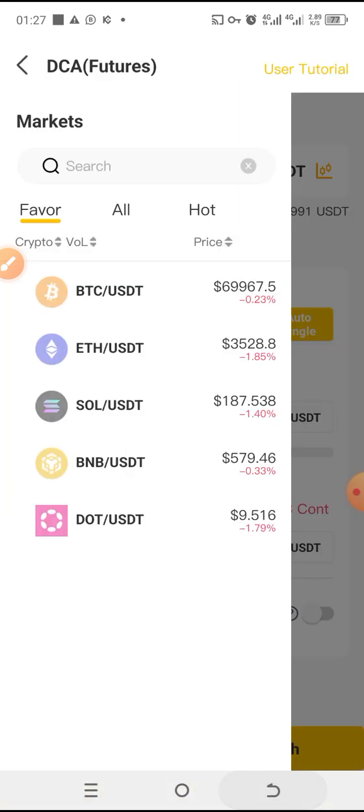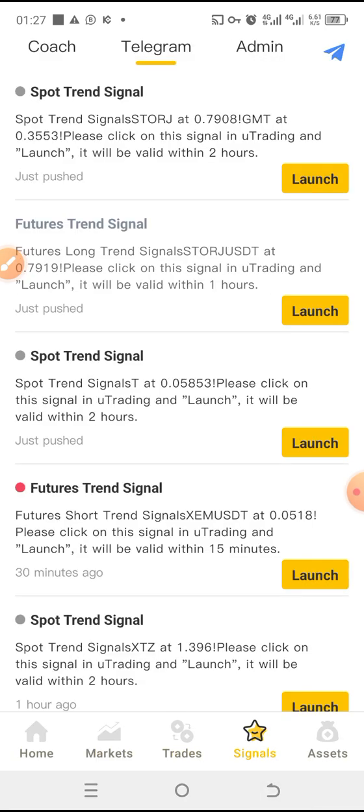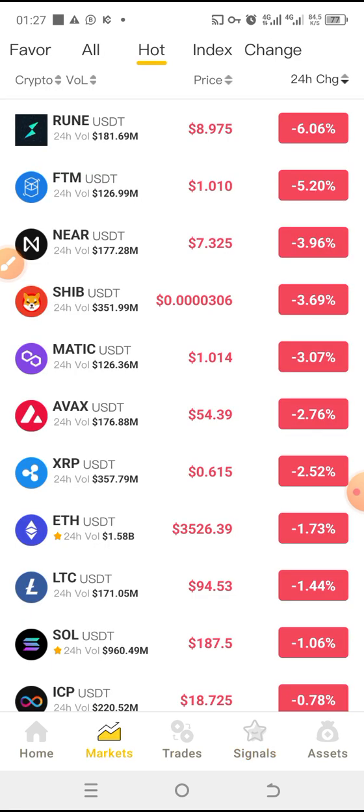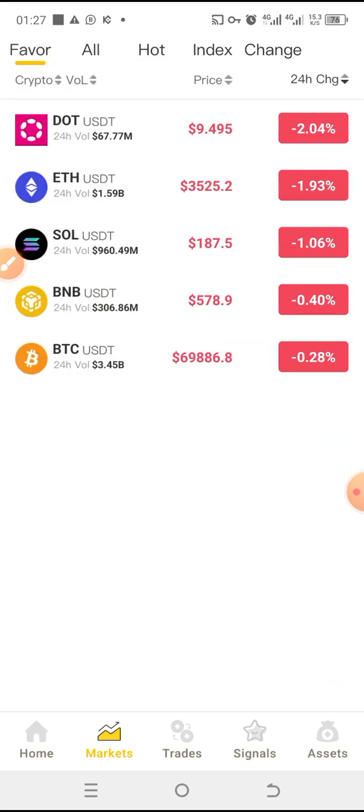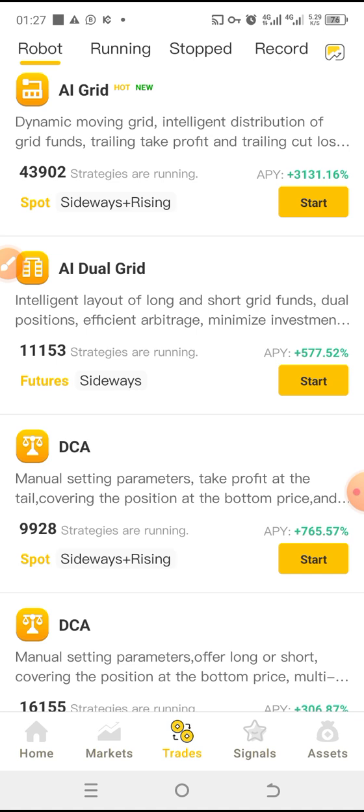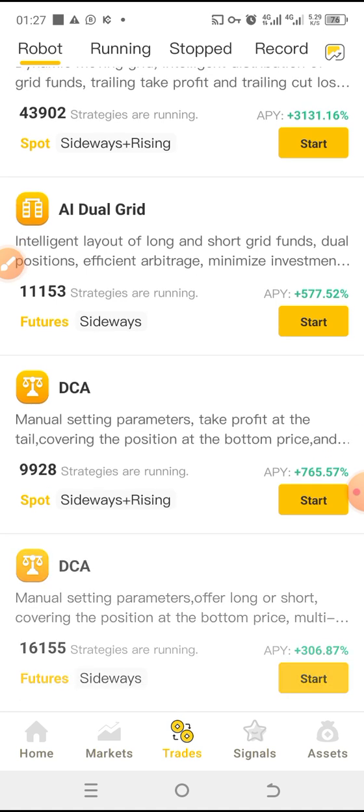Let me go and check the coin again. Signal, it says STORJ. Okay, STORJ. Markets now. Where am I going to search this from? Oh, sorry. Let's go back to our trade. Then futures.